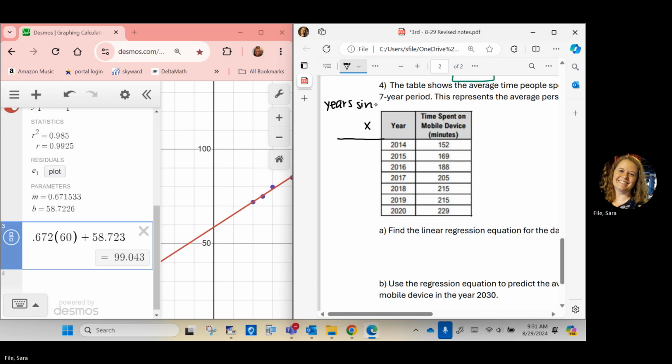since 2014. Because 2014 is the first year we have the data. So years since 2014. So in 2014, how many years since 2014 has it been? 0. That's representing my y-intercept, isn't it? And so then I'll just count.